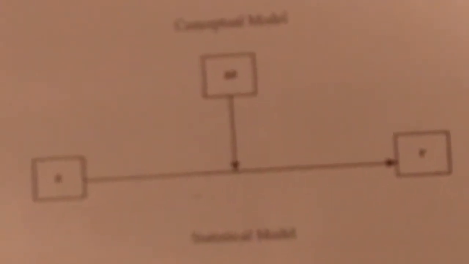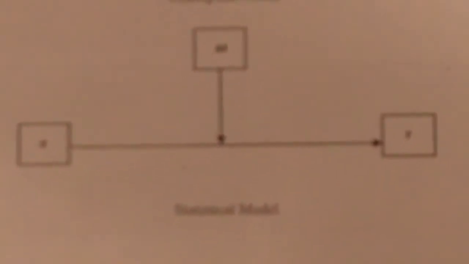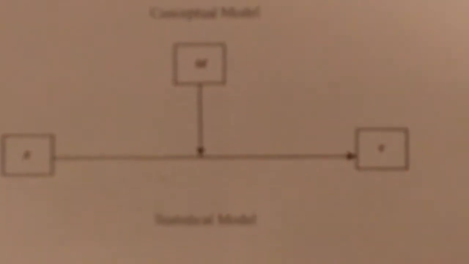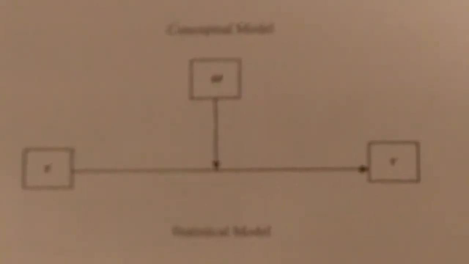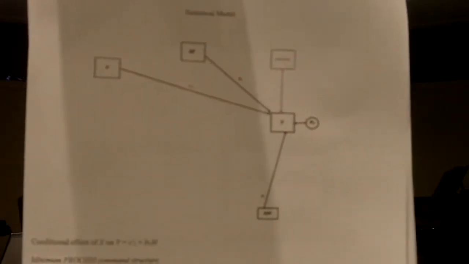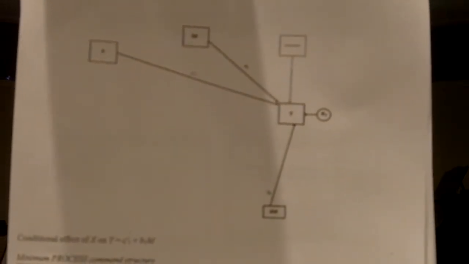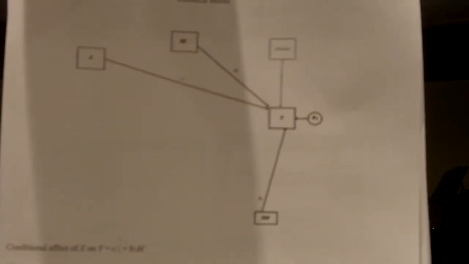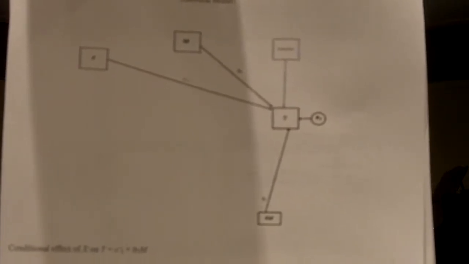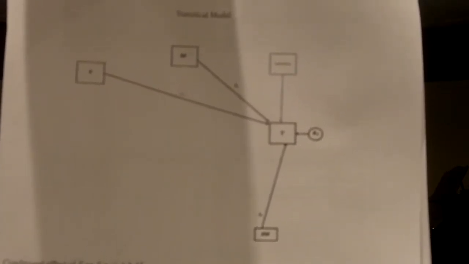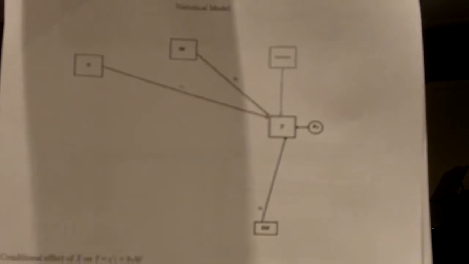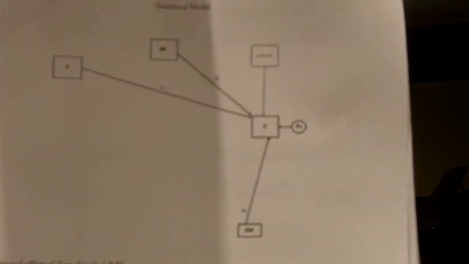But that's the conceptual model, and if you drew it in your journal article, you would draw the one that says conceptual model. But statistically, if you look down at where it says statistical model, you'll see that X, M, and XM, the three things that we got beta weights for, are in the statistical model. So he's also showing you that you put in those three pieces to get the statistical beta weight model that then makes the prediction.